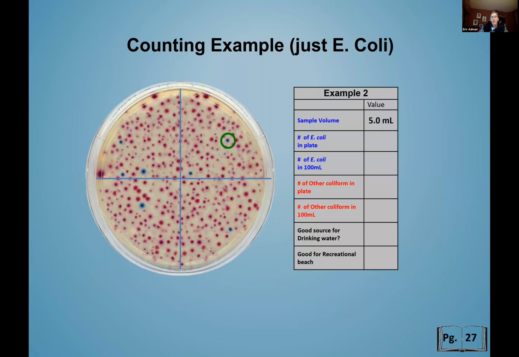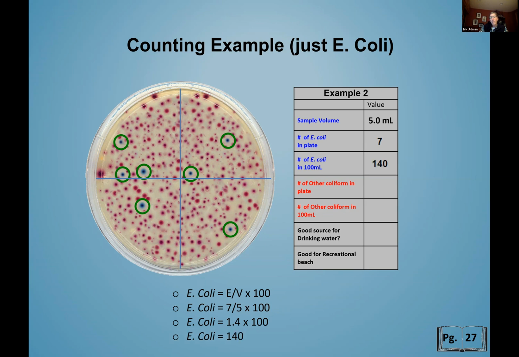Here's a little bit different math example. In this case, we had a 5 milliliter sample. Our sample still grew 7 E. coli colonies, but the math is a little bit different. Dividing by 5, because we had a 5 milliliter sample, and then multiplying by 100, we come up with a number of 140.